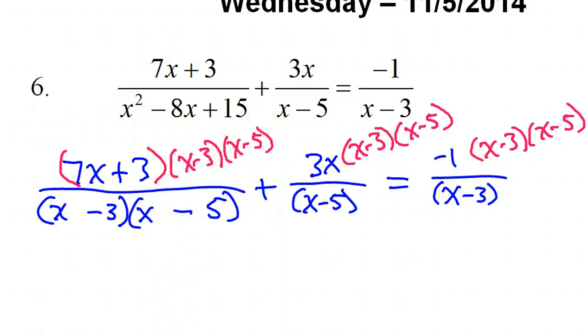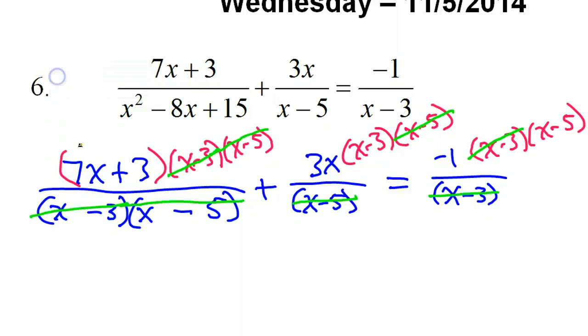Okay, so now let's cancel out what we can. The x plus 3's cancel out here. The x minus 5's cancel out here. Oh wait, this whole thing cancels out. So here the x minus 5's cancel out, and here again the x minus 3's cancel out.